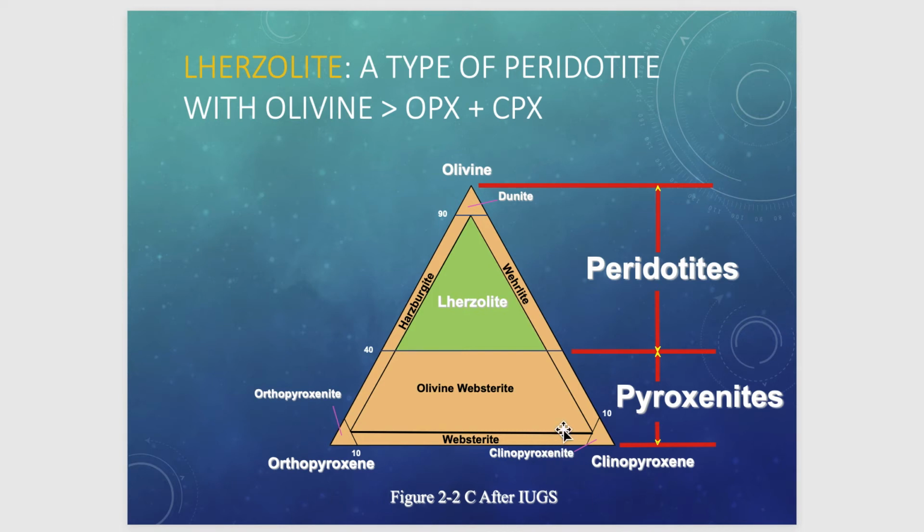So for example, chromium-rich pyroxene will be representative of the clinopyroxene. Classic orthopyroxene will be enstatite, which is magnesium-rich. And this is really an indication of also the different fractionation that takes place.